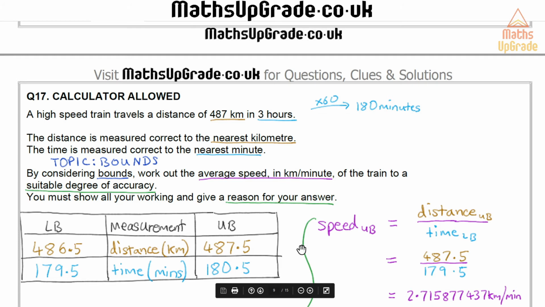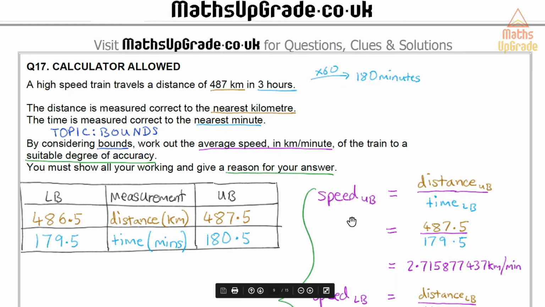So let's work out the average speed of the train to a suitable degree of accuracy. What that means is find the upper bound of the speed, the lower bound of the speed, and then choose an appropriate value. The upper bound of the speed is the greatest possible distance divided by the lowest possible time.